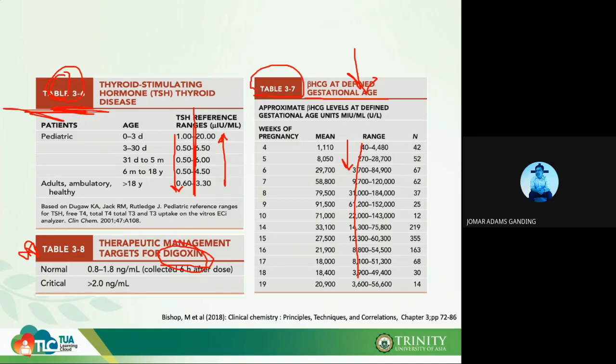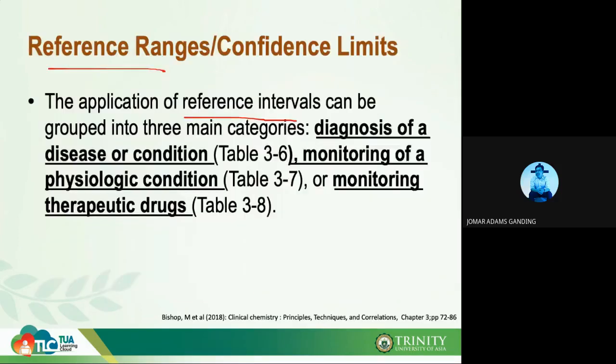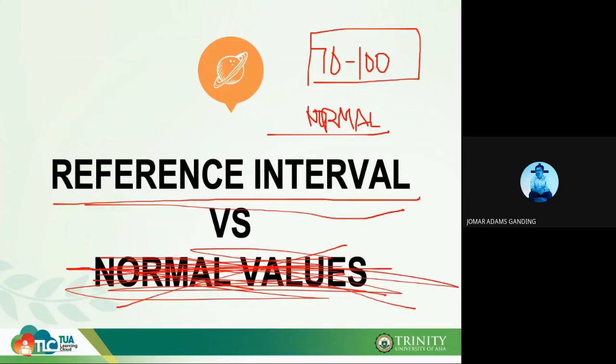Your reference ranges can be used in many ways. They can be used to diagnose a condition, to monitor a physiologic condition, and to monitor the levels of your therapeutic drug. And this is the very reason why we should not call it normal values. Because if we would call it normal values, it would automatically imply that if you are out of this range, you are automatically abnormal, you automatically have a particular disease.